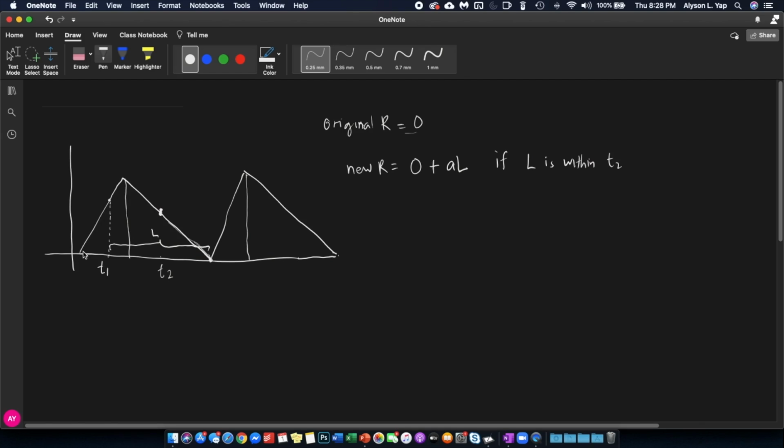The first reference point you can use is zero, so your new R is equal to zero, and then you're moving upwards. So plus the rate at which you are moving up, which is, remember, B minus A. And then, how long is this? That is times the cycle time, the entire cycle, which is T minus L.